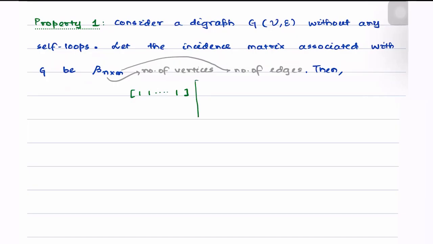Let's write the complete version of the incidence matrix, which is B11, B21 up to Bn1, and this will go up to B1m, B2m, up to Bnm.